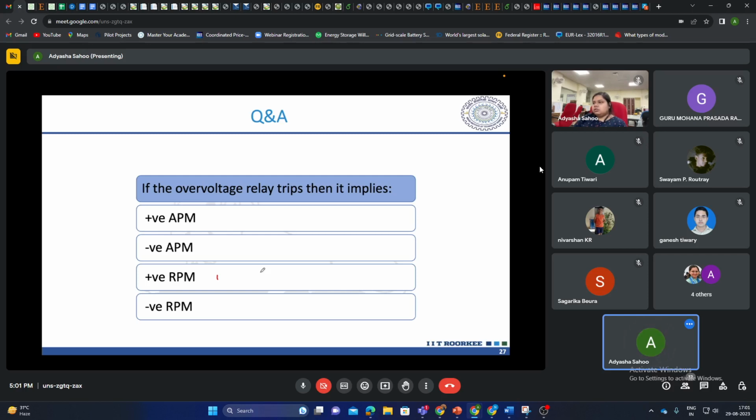Anyone else? Just try to recall the non-detection zone of the relays that we were studying. There we had it on the axis.